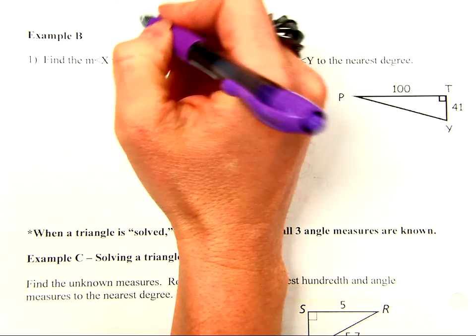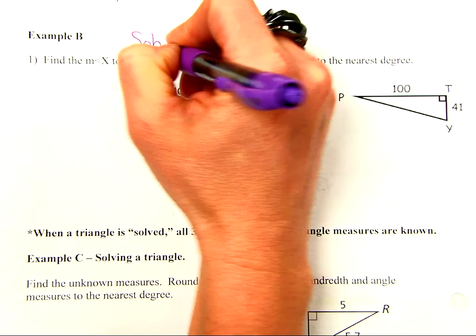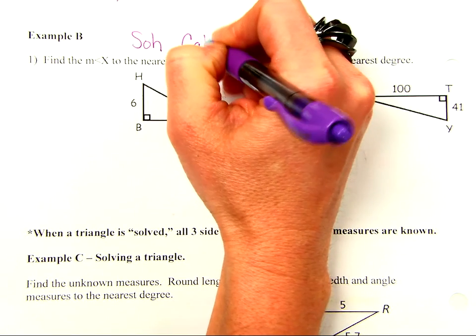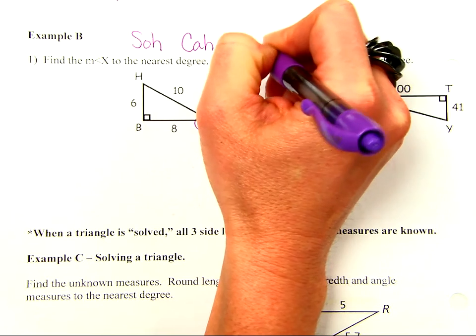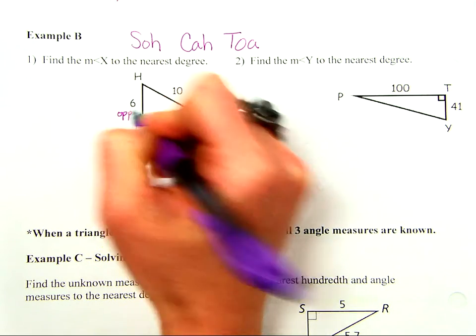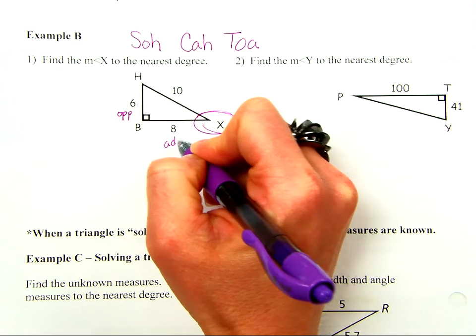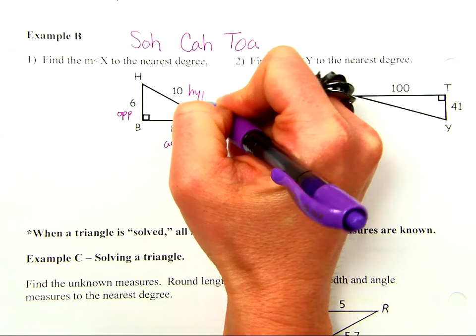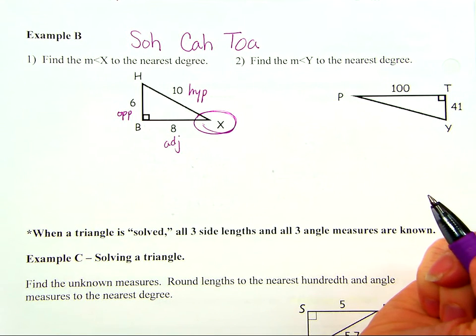trig ratios. A little reminder that our helpful saying was SOHCAHTOA. From angle x, I have the opposite side, I have the adjacent side, and I also have the hypotenuse, and so I could pick any of the functions to use.